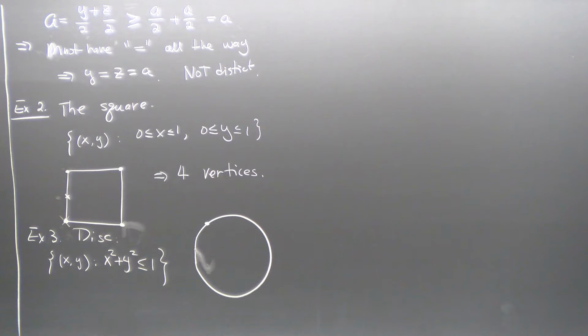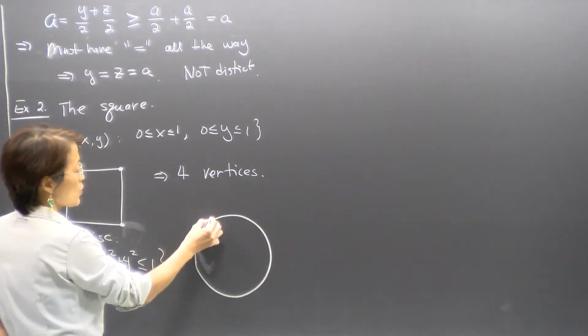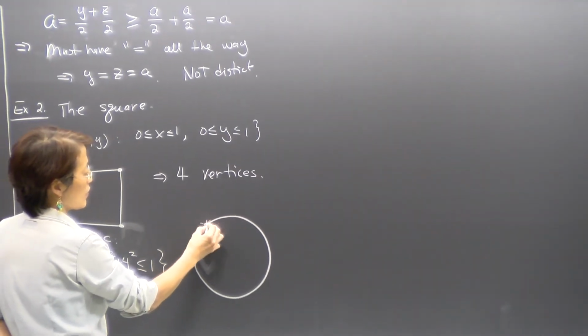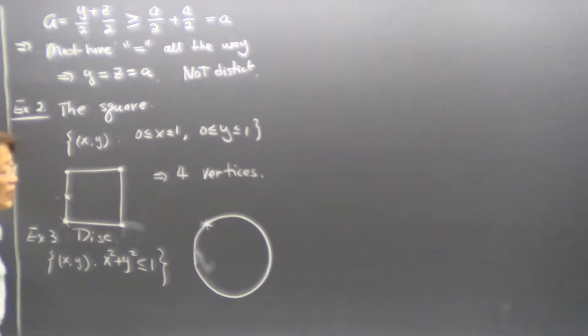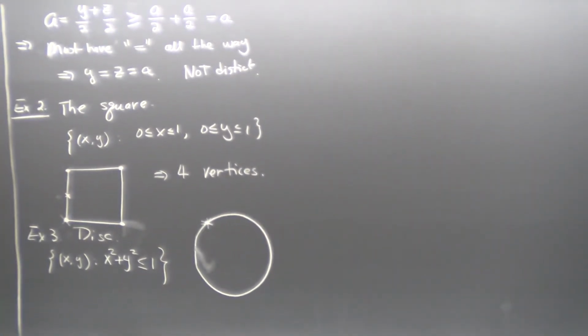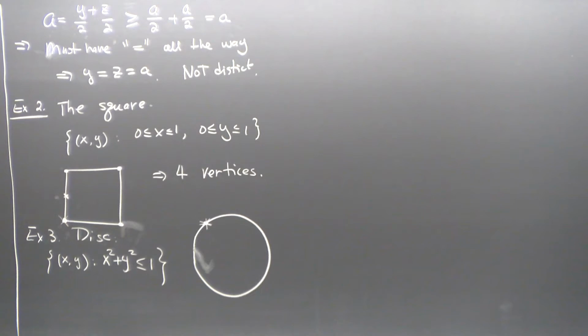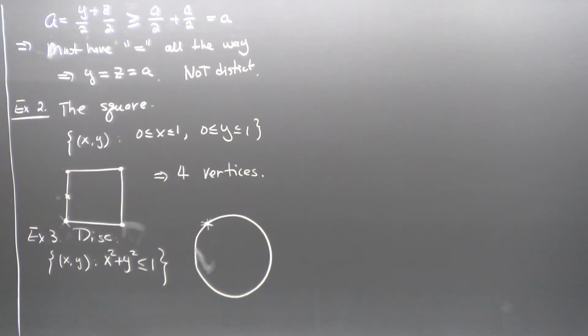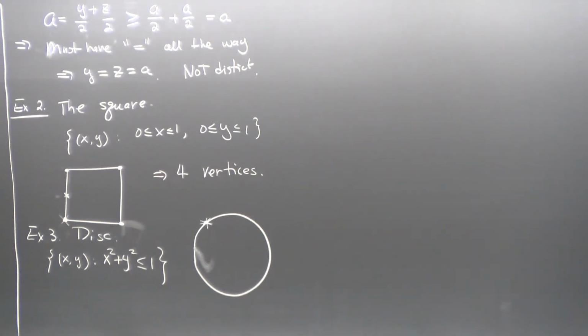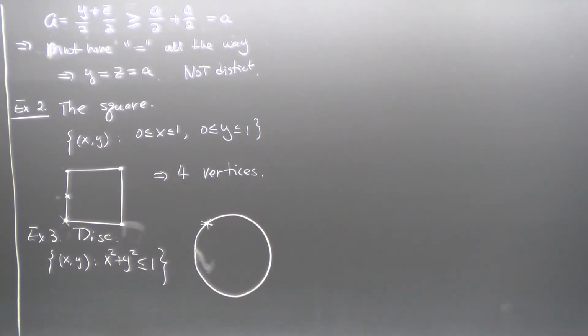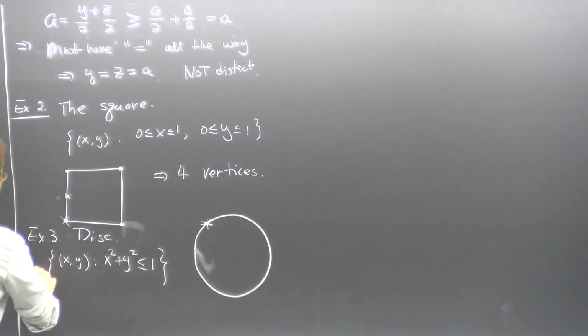We think so, don't we? If you draw any line segment through that, the segment cannot be completely in the set, isn't it? Is that clear? So we actually have infinitely many vertices. Any point on the boundary is a vertex from visual inspection. Is that right? Do we agree?